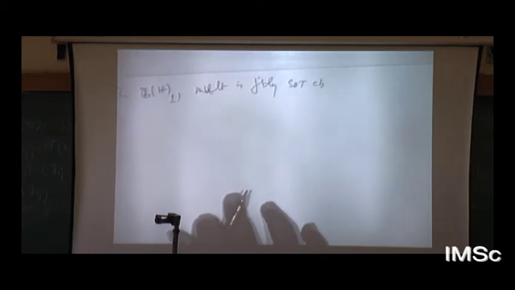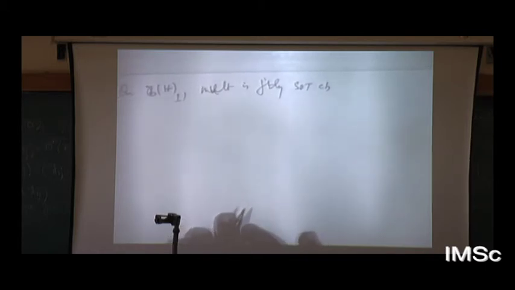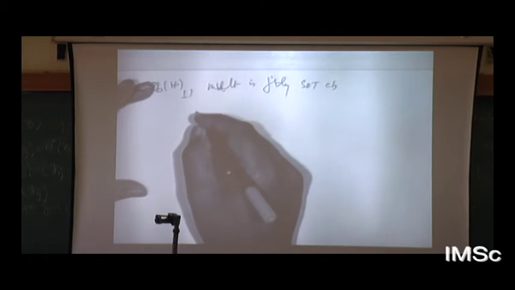It is not jointly WOT continuous because the U to the N and U to the N star all have norm 1, and so it is not jointly weak operator continuous, but it is strong operator continuous. Now the reason is that if X alpha converges to X strongly, I'll just write S, and Y alpha converges to Y.